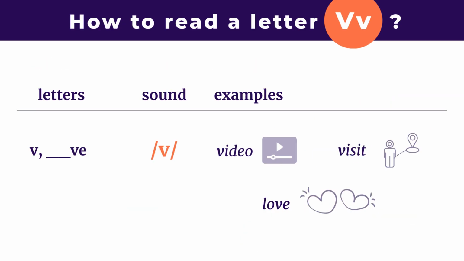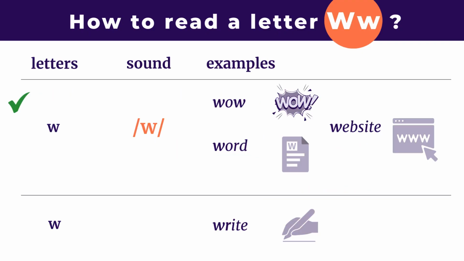The letter V is normal. It is a V sound. Video, visit, love. W has a W sound. Wow, website, word. But sometimes W is silent. Shh. Now seriously, we do not say W in the word right.